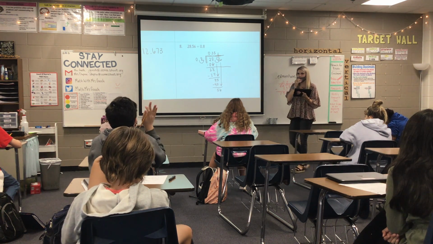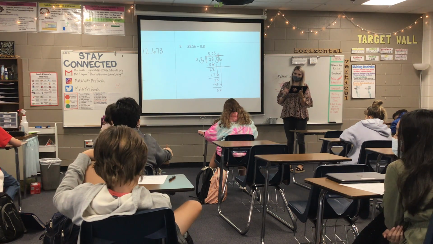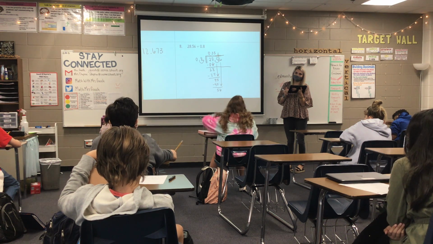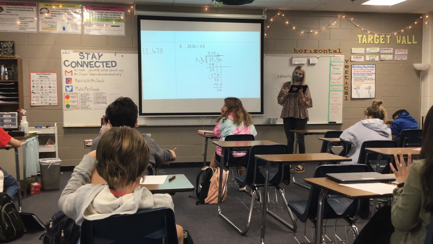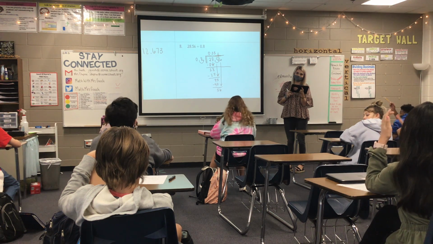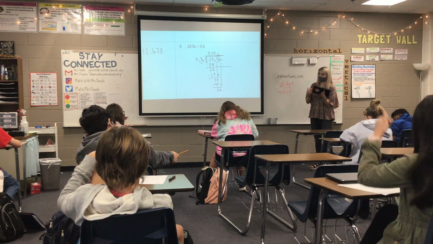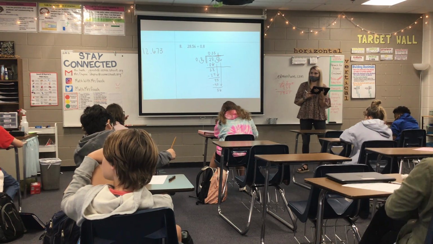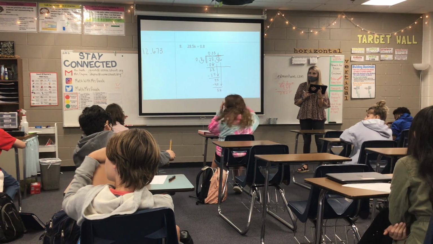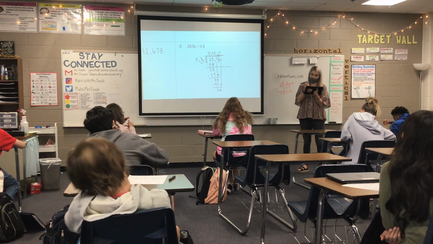And how many groups of 8 can go into 56? 4. Use your multiplication chart. What's 8 times 6? 7 times. Good. What is 7 times 8?